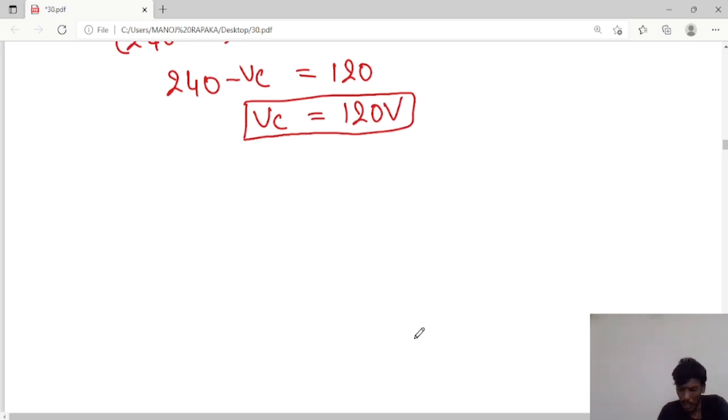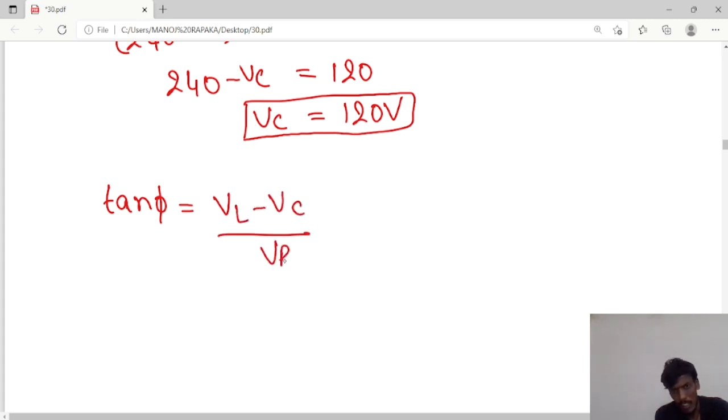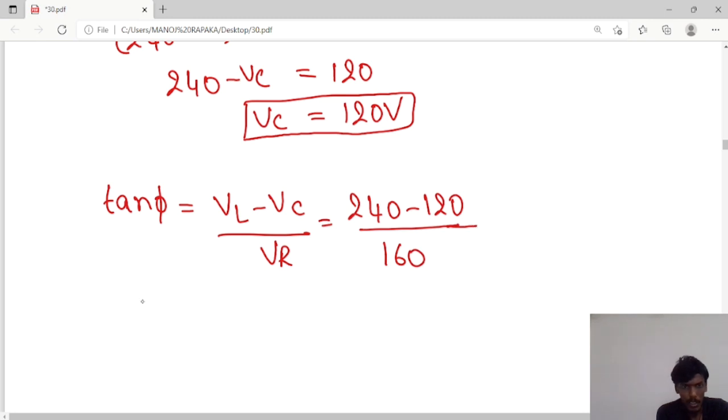Next, he has asked to calculate the current. From this we can consider tan phi equal to (VL minus VC) by VR. VL value is 240 and VC value is 120, and the voltage across the resistor is 160 volts. So tan phi equals 120 by 160.